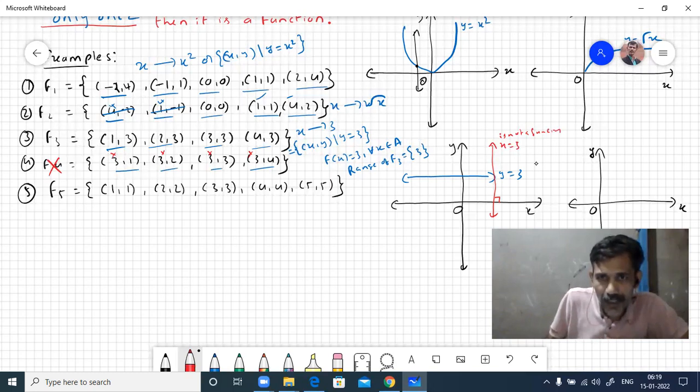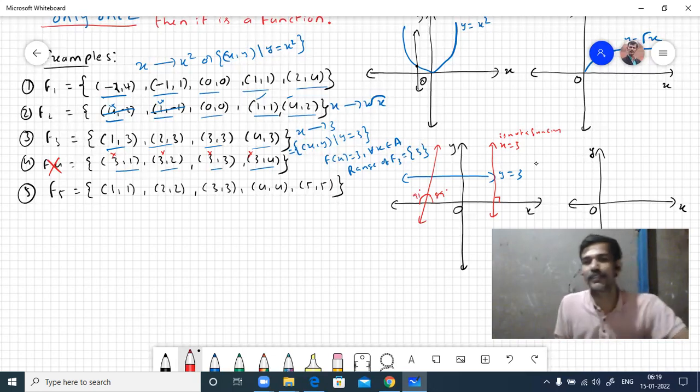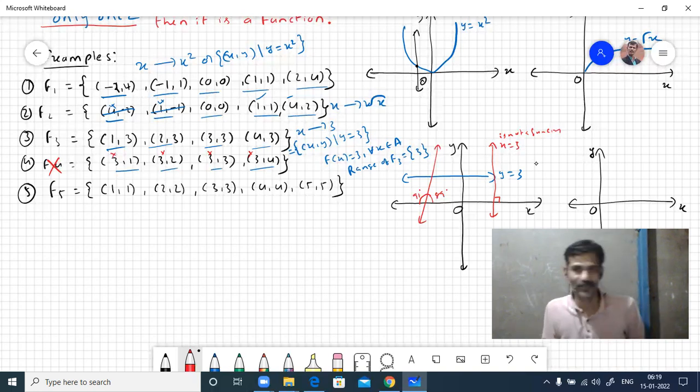Suppose some line makes, say, 89 degrees, then it is a linear function. 90 degrees it can't have, because that means an exact vertical line, where all x coordinates are the same. Then it is not a function.